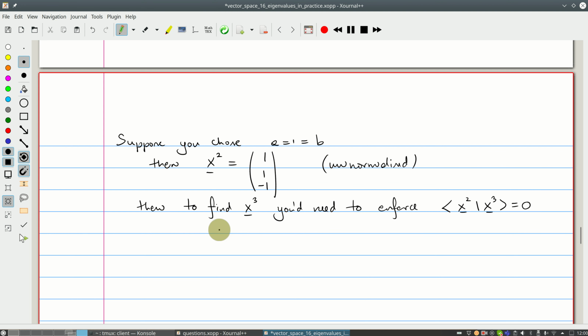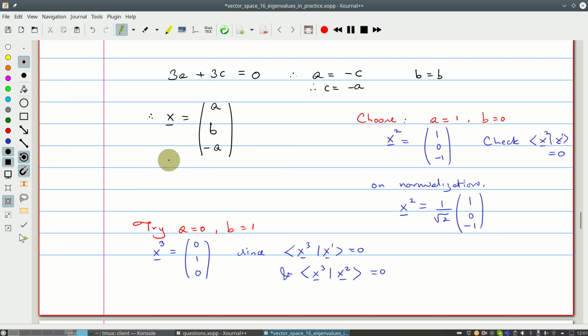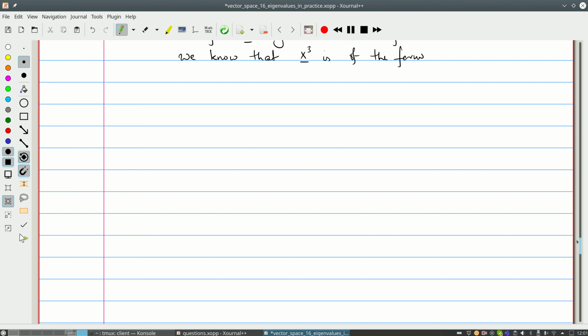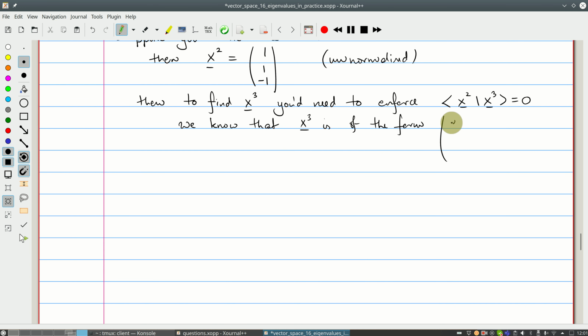We know that x3 is of the form given above. x3 has to be of this form. Think about it. So it has to be of the form a, b, minus a.